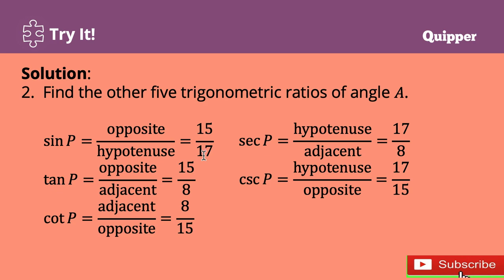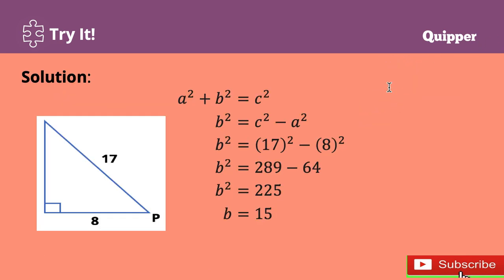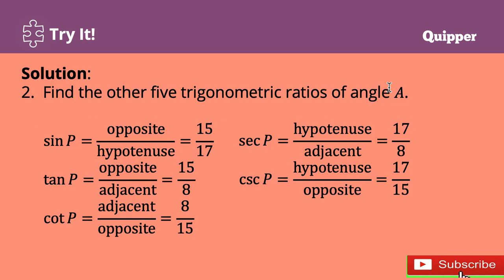For secant P, that is the reciprocal of the cosine. The cosine is already given, which is 8 over 17. So its reciprocal is 17 over 8.